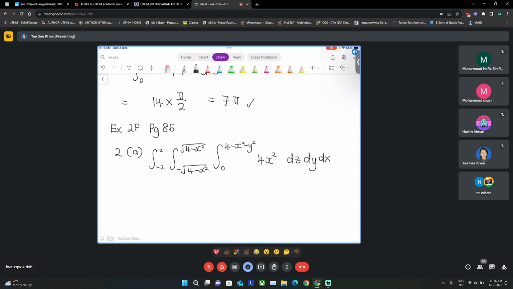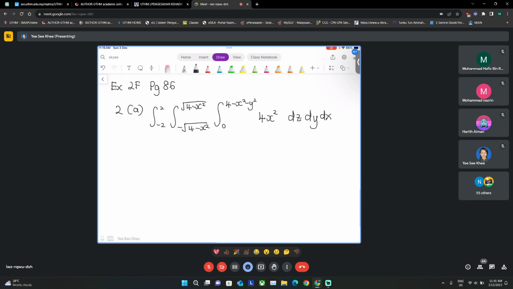Don't copy the wrong questions, okay? So now you need to convert it into the cylindrical coordinate, meaning dz r dr d theta.